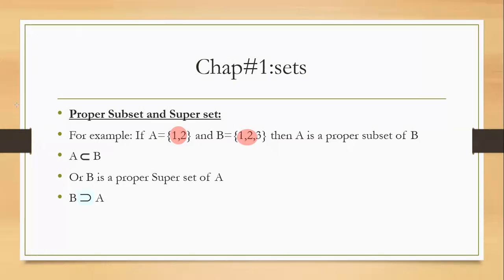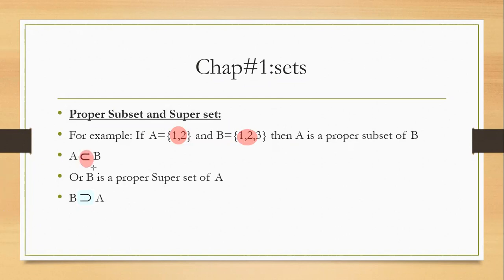Now, here you can see that B contains 1, 2 and one more element. So A is a proper subset of B. When A contains the elements which are the part of set B, and B contains at least one more element, then you can say that A is a proper subset of B. Now, which symbol is used for proper subset?